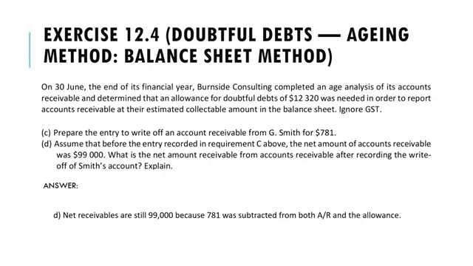The answer is that the net account receivable is still 99,000 because 781 was subtracted from AR and allowances. Let me say this. Before, you have account receivable of 99,000.